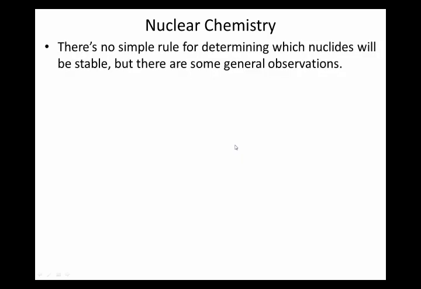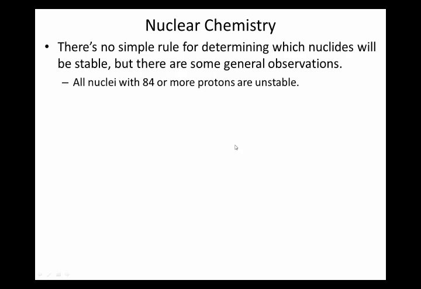Okay. So there's no simple rule for determining which nuclides will be stable, but there are some general observations. Any nucleus with 84 or more protons is basically unstable. If you get up past bismuth, which is our last stable nucleus, we don't really have anything that's stable after that.